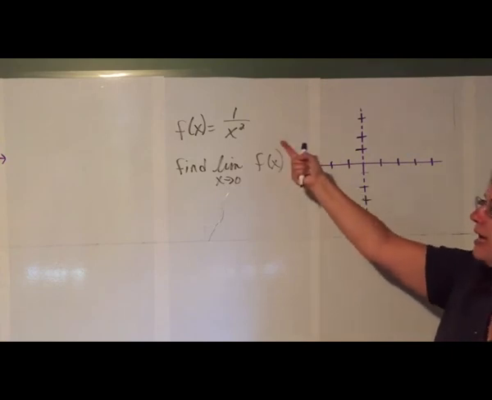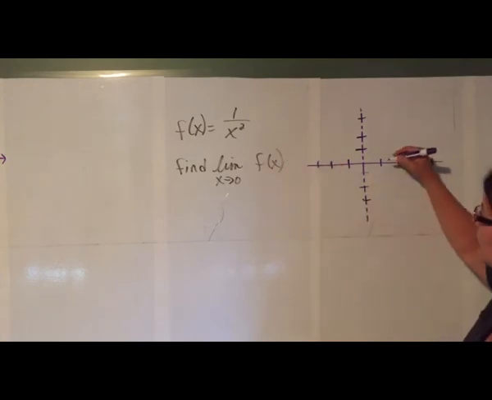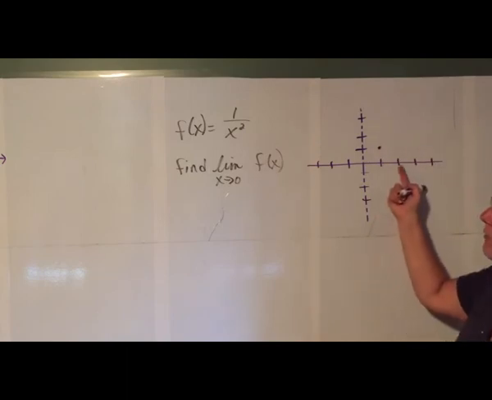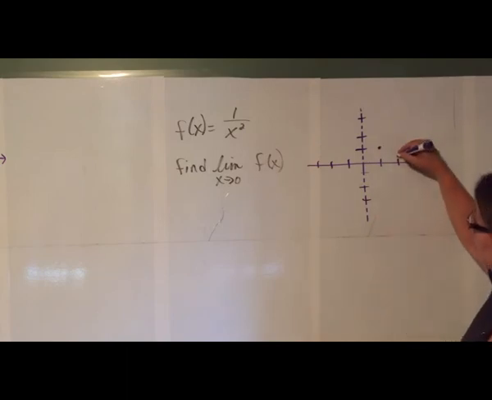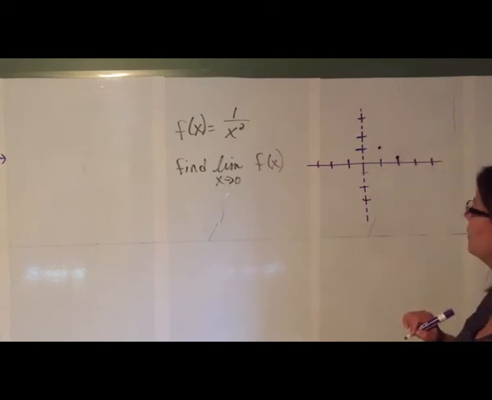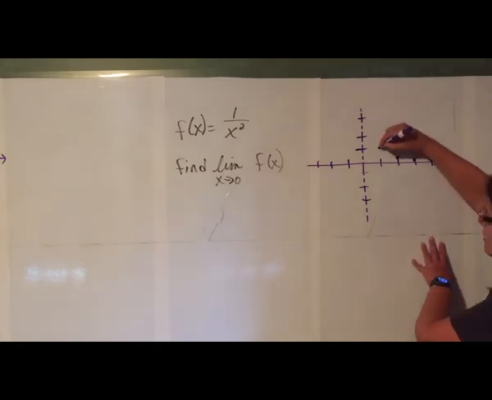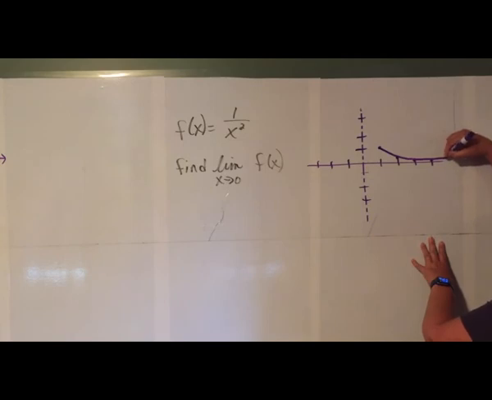If x is 1, I have 1 over 1 squared, which is 1. If x is 2, I have 1 over 4, so that's 1/4. If x is 3, I have 1/9. X is 4, 1/16. So it looks like to me, as I go to the right, it's approaching the x-axis. So that is approaching 0 here as it goes to the right.